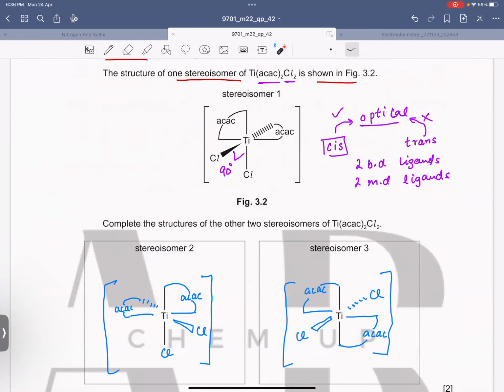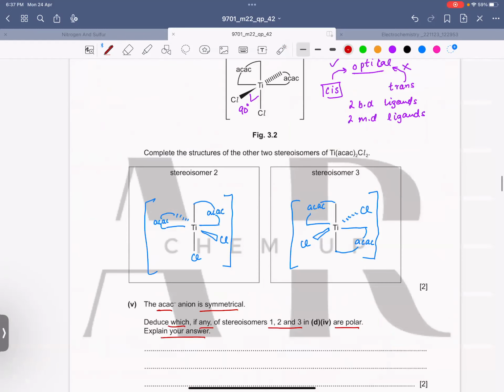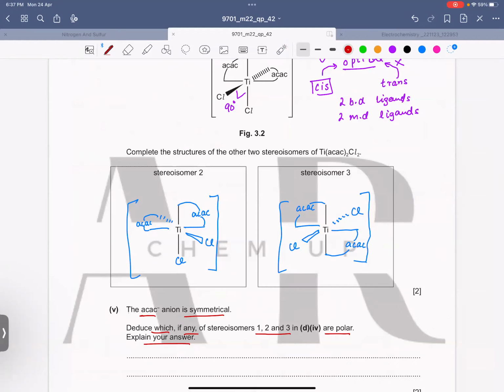The complex anion is symmetrical. Deduce which, if any, of the stereoisomers 1, 2, and 3 are polar. Explain your answer. Yes. Can anybody identify which one is polar? The cis isomer and the optical isomer will be polar, the trans isomer won't be. Why? Because in the trans isomer there are no partial charges.